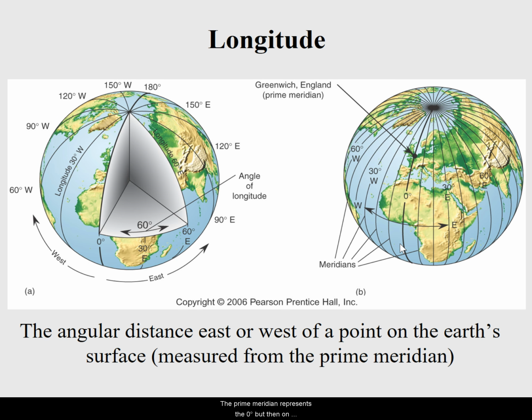So the prime meridian represents 0 degrees, but on the other side, it represents 180 degrees. So the value and measurement of lines of longitude goes from 0 to 180 degrees. Now, this is different than what we know of latitude. Latitude goes from 0 to 90 degrees.